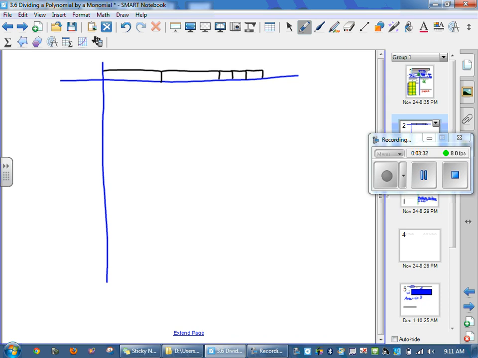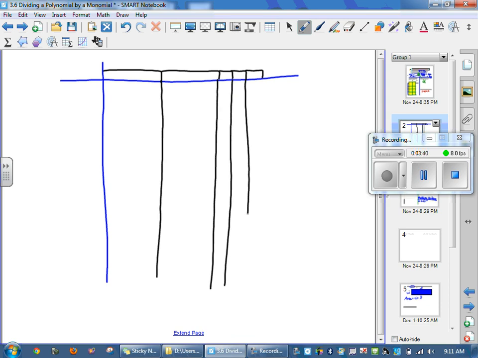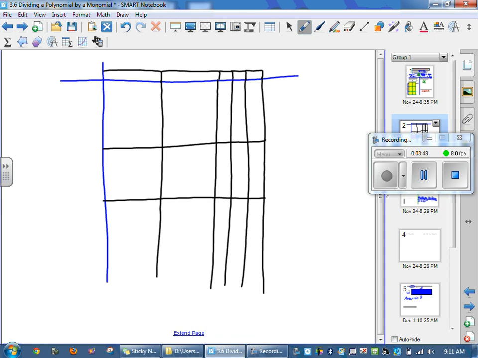Now I'm going to draw my inside, because we're going to be given all this information. The diagram is going to start this way. So there's the diagram we're starting with.